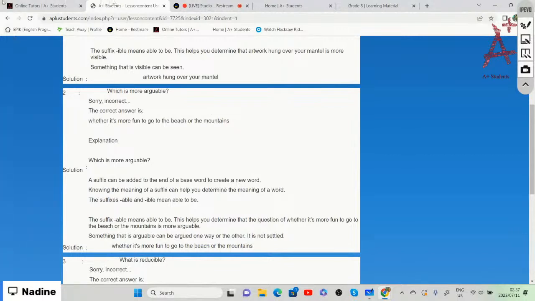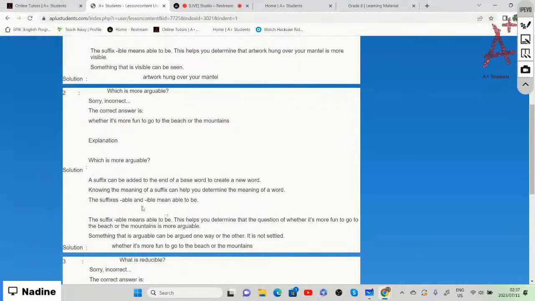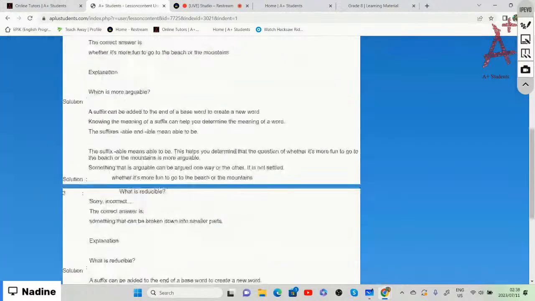That becomes more arguable. And remember, we said able means able to be, right? So something that is arguable can be argued one way or the other way. And usually it is not settled immediately. Should we go to the beach or should we go to the mountain, right?